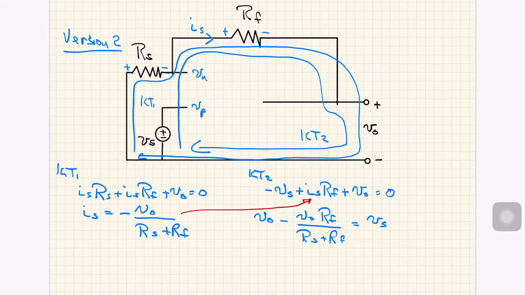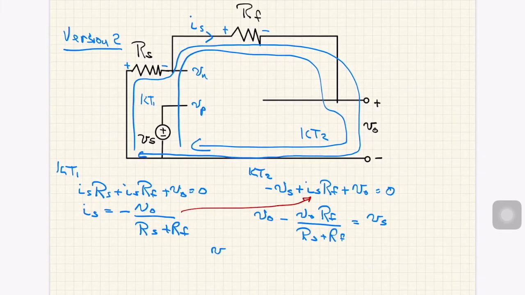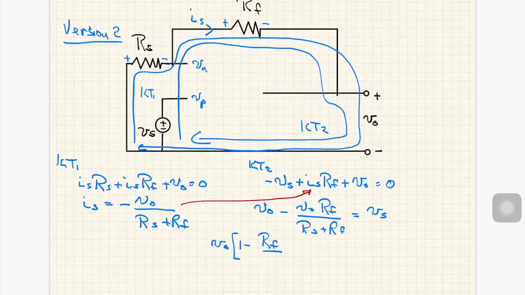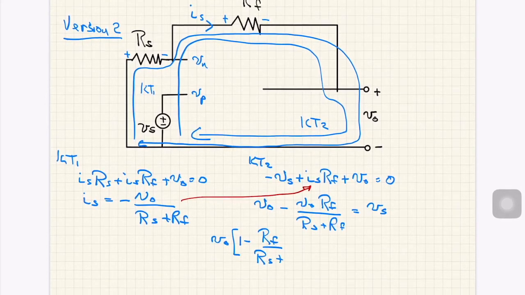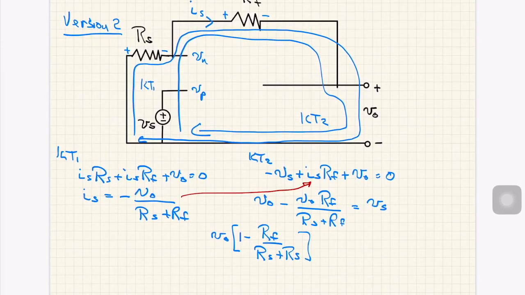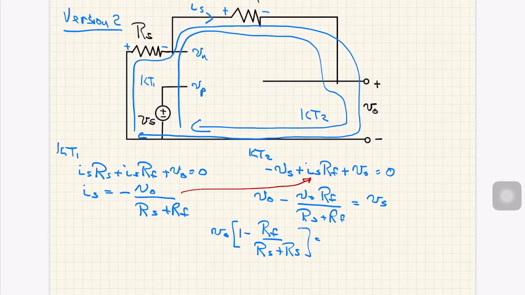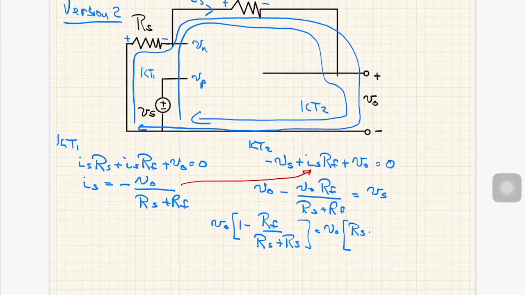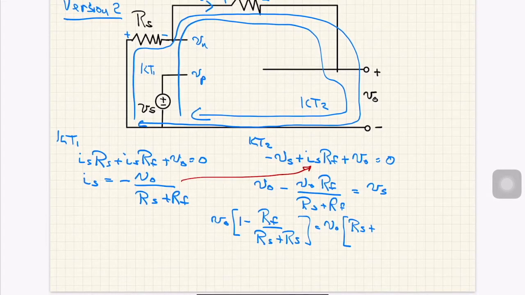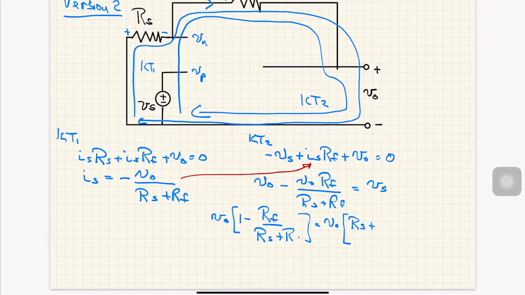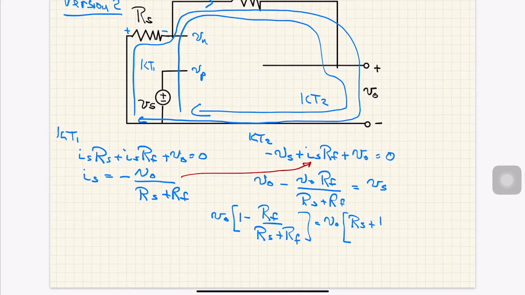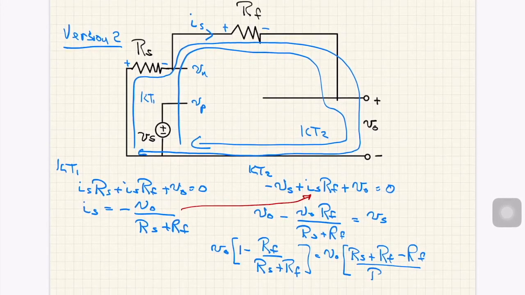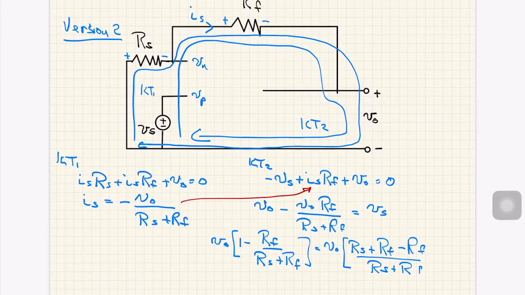Okay, so now we can simplify this expression on the left by noting that we can rewrite it as V0 times 1 minus RF over RS plus RF. And that is equal in turn, because I can put this over a common denominator, to V0 times RS plus RF, minus RF, all over RS plus RF.